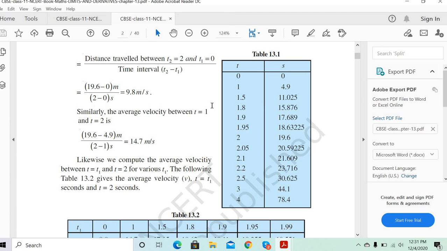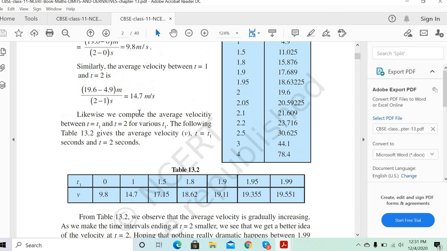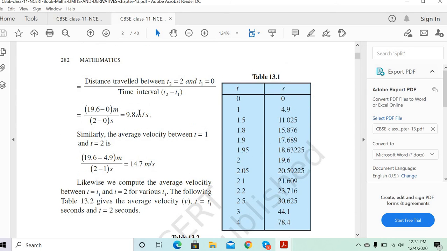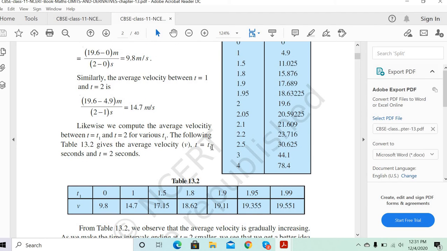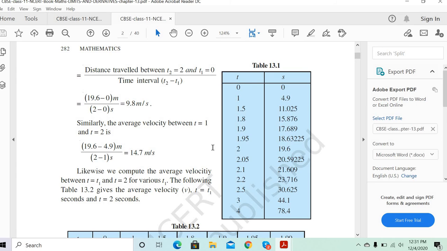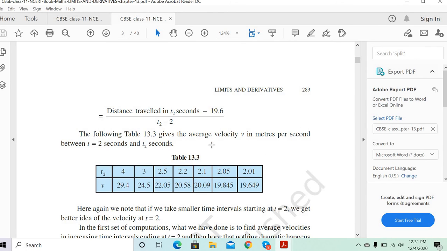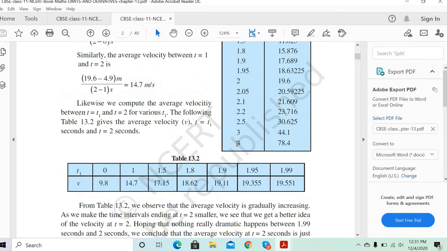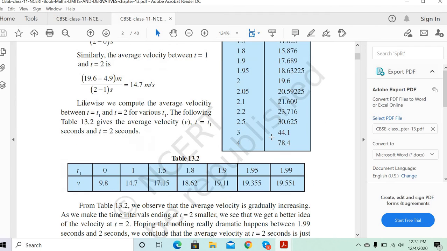Just go through this table and now find out the velocity. Got it? Go to table 13.1 and table 13.2. Let's try to understand this table. You don't have to draw it, but first we understand this table, then I'll explain to you. Because we are going to build the initial foundation for limits and derivatives. So in order to do that, we just need to understand table 13.1 and table 13.2. Just go through this table now.